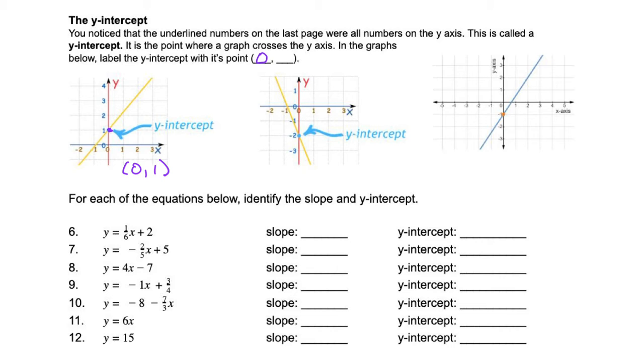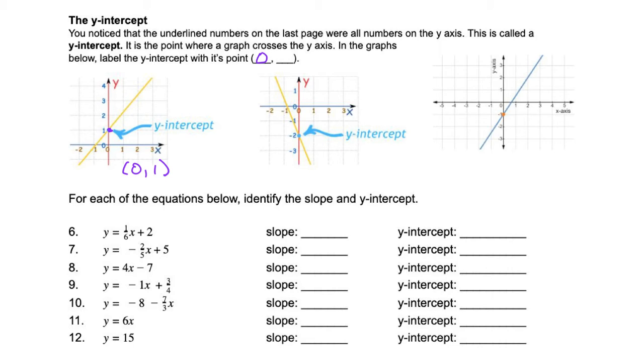Let's take a look at these questions down below. For each equation below, identify the slope and the y-intercept. Using what you did on the first four graphs, hopefully you have a solid understanding of what we're looking for when we're talking about the slope and the y-intercept.